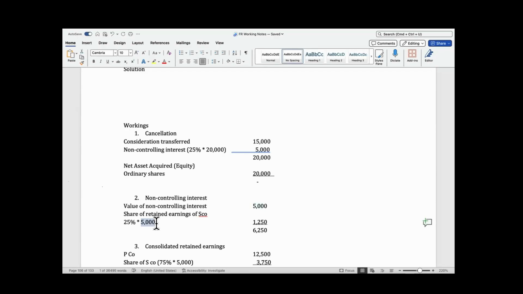Very good question, Alimat. A lot of people will have just assumed, but you will understand it later when we do more examples, that we are not taking 25% of this, we are taking 25% of the retained earnings of ESCO, because NCI also has a share in that. It is also an owner in ESCO.